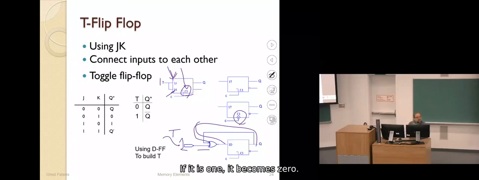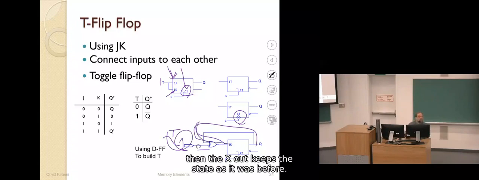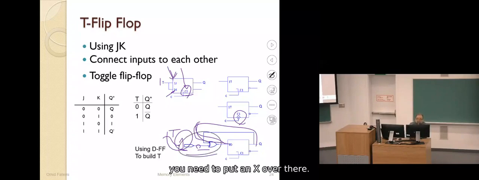So if it is 1, it becomes 0. If it is 0, it becomes 1. And when you put 0 here, the XOR just keeps the state as it was before. So even with a D flip-flop, you can build a T flip-flop, but you need to put an XOR there.